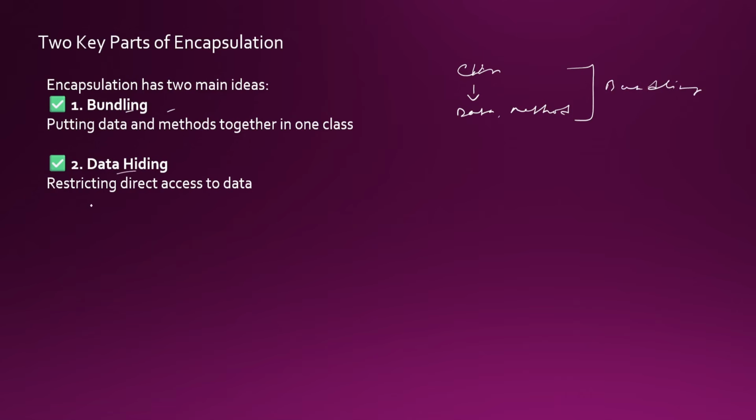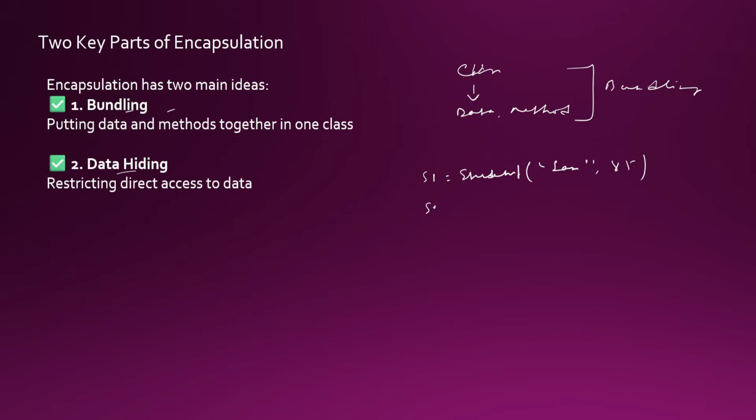The next one is data hiding, restricting direct access to data. That means we need to restrict our data from direct access. For example, when I create an object, s1 equal to Student, passing the values Sam, 85.